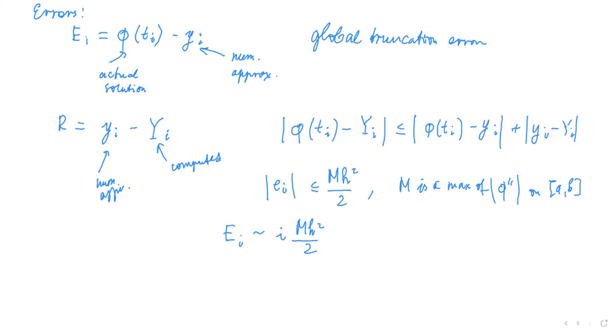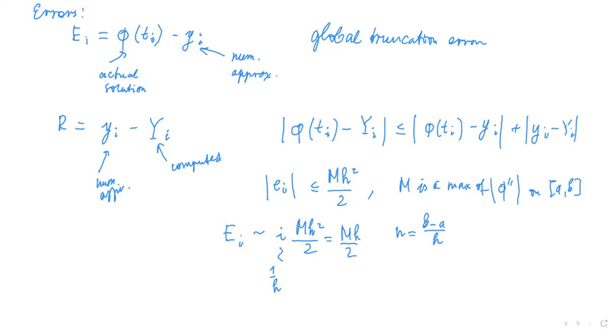So if the size of the interval is AB, we are going to have B minus A divided by h. That's going to be the number of steps, right? Well, i is somewhere within this number. So I'm going to say that it's proportional to 1 over h. So together, they're going to make up M h over 2.